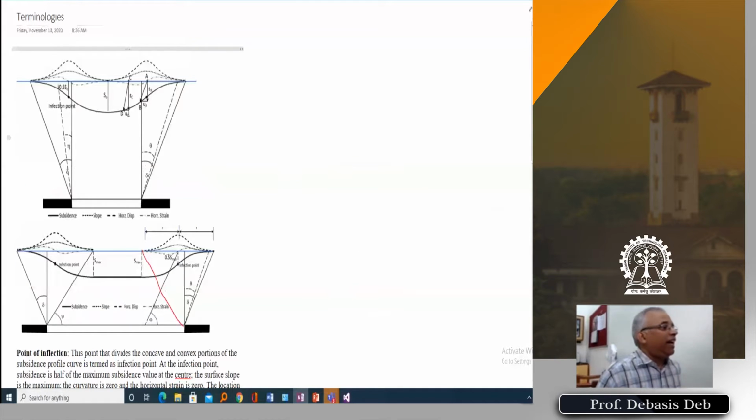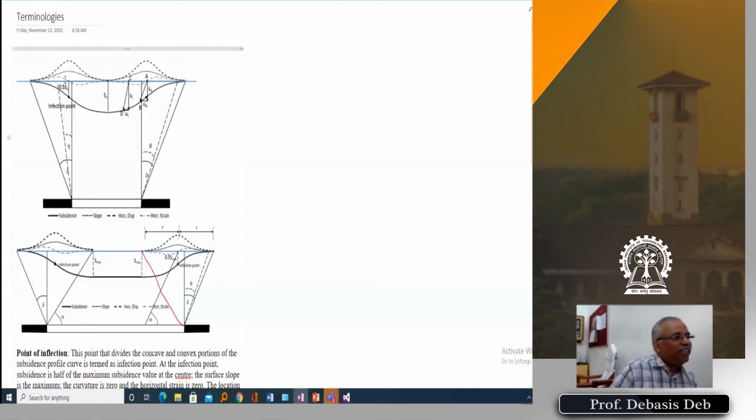Now, this is for a subcritical. I'm going to define it right after this. And this is for supercritical. I think last time also I explained this. Today I will use some mathematical thing, just an equation. So for subcritical, what happened is this is the subsidence profile.